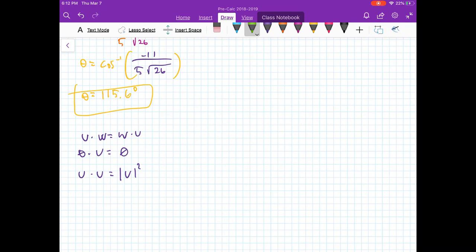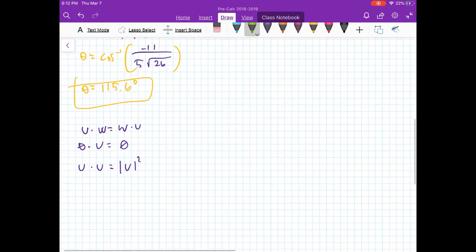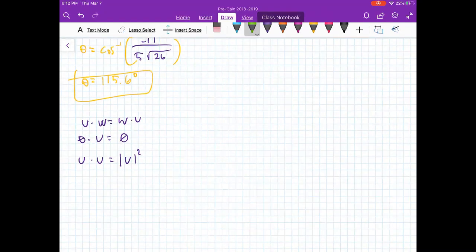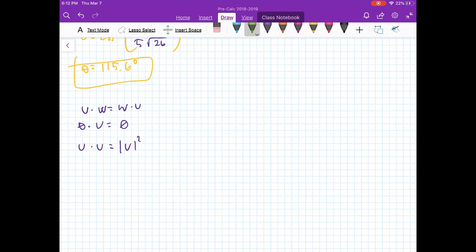We're going to look at an example. This is example number 9. We need to use the dot product in order to find the magnitude of u. It gives us u as 5, negative 12, and it says use the dot product in order to find the magnitude of u.